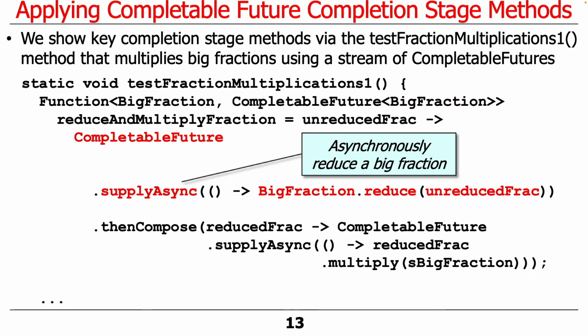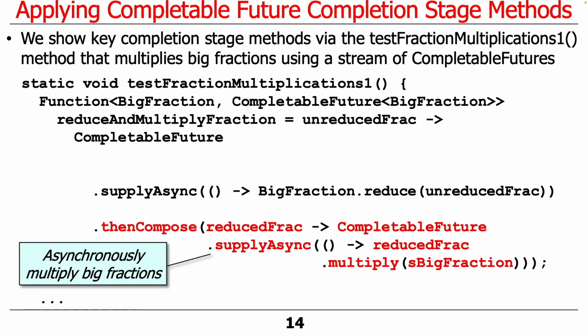So here's how this works. We use our completable future supplyAsync factory method, passing it in a supplier lambda that will reduce the unreduced big fraction in the background in a thread from the common fork join pool. So that'll put that computation in a queue and run it in a thread in the common fork join pool.